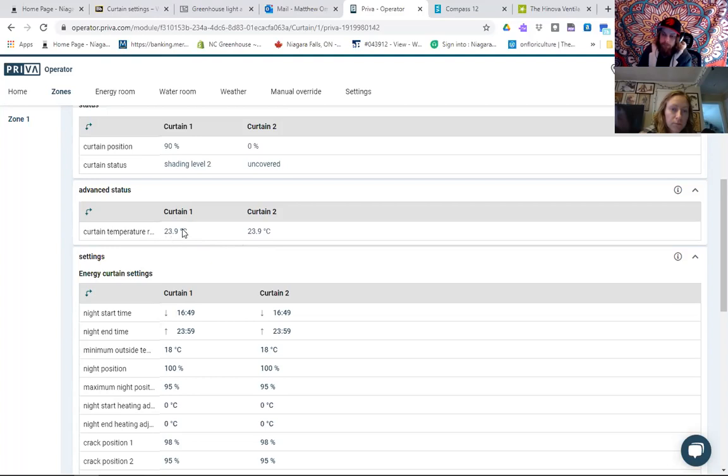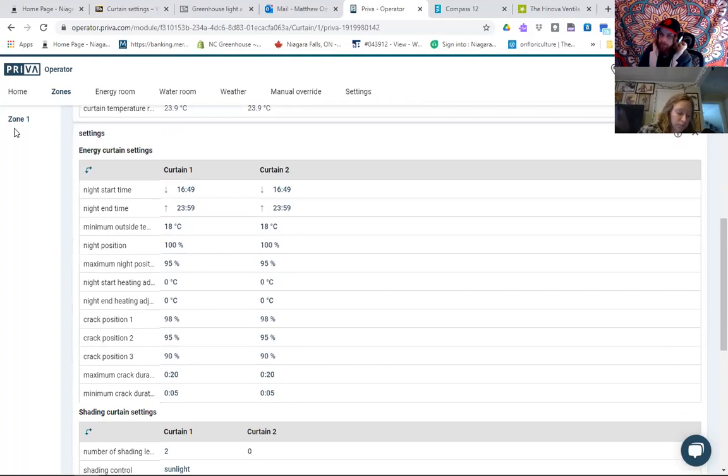And you can specify the temperature sensor for the curtain to look at if there are multiple sensors within the greenhouse. The default usually will be the ambient air temperature of the greenhouse, which is in that bird box or the aspirated screen. That's what this temperature is looking at. Okay. Moving on to the settings.